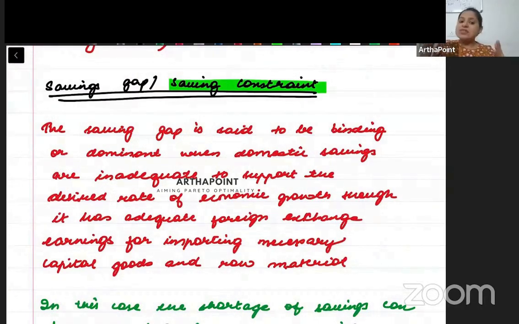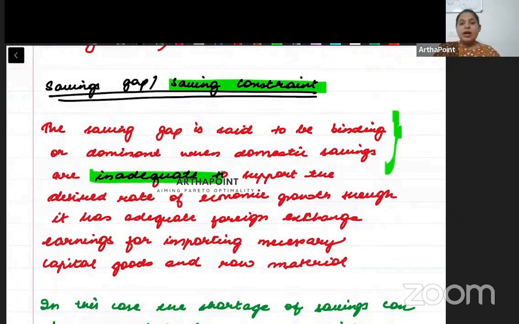So a savings gap is binding if your savings are inadequate to support the economic growth. Economic growth के लिए जितनी savings चाहिए, अगर उतनी savings नहीं है, if you do not have that much savings, what you require, then that is called binding savings, right? So this is what it says.